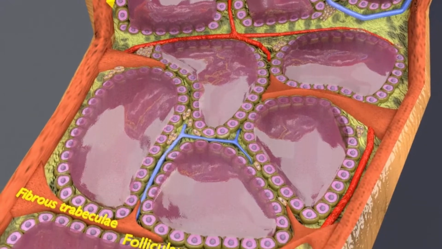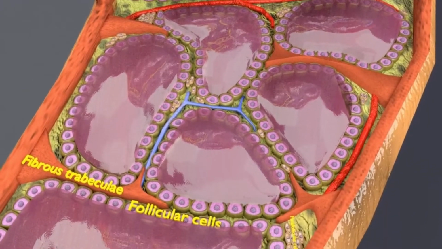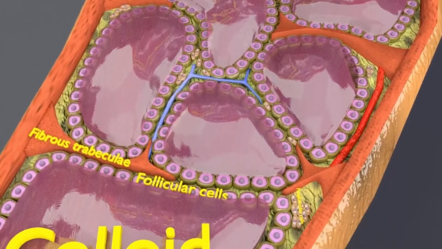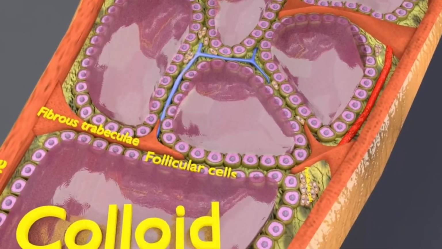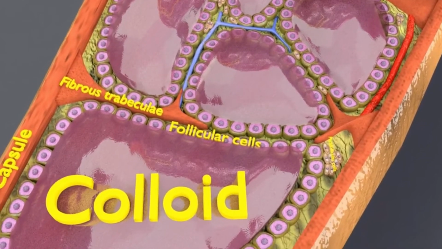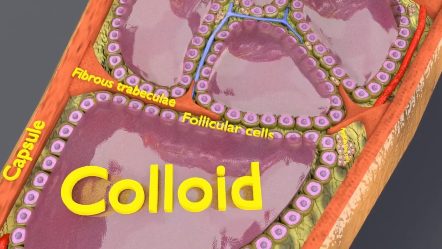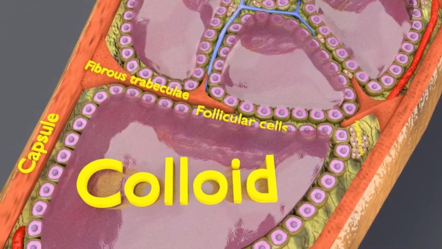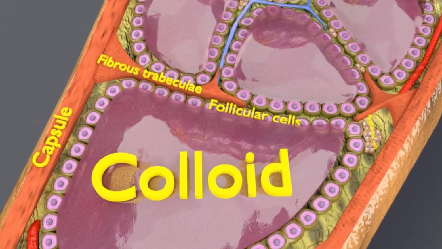Now in this view, you can clearly see a large thyroid follicle having cavity filled with gel-like colloid and lined by the cuboidal cells called the follicular cells or principal cells. Colloid is made of thyroglobulin, a precursor of thyroid hormone.